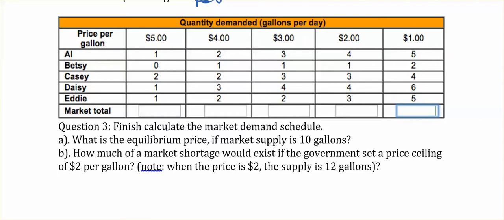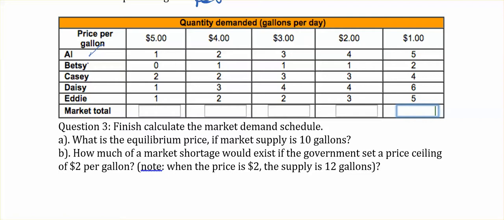So look at the table, you will find the name of the table is quantity demand. This table tells us the market possible prices and the corresponding quantities. The first column tells us the suppliers: Al, Bessie, Chassis.